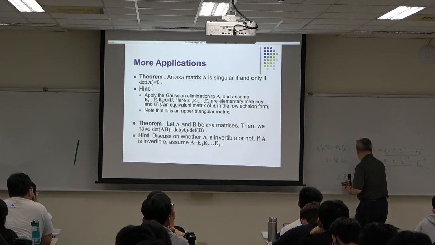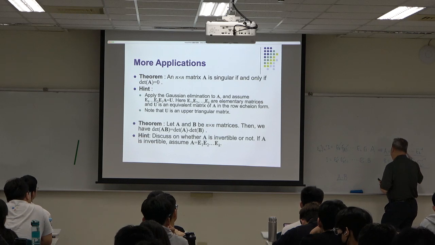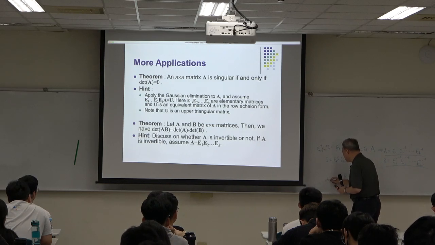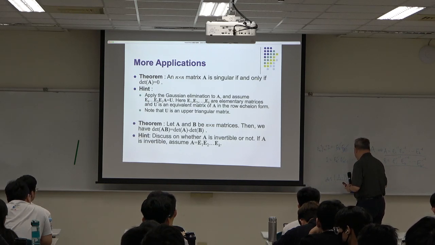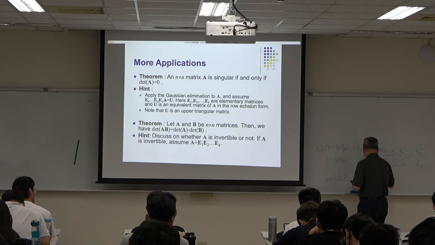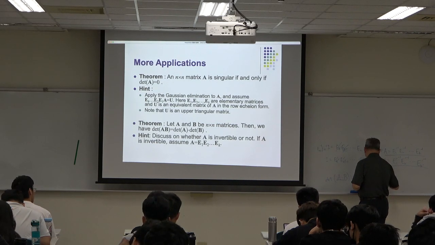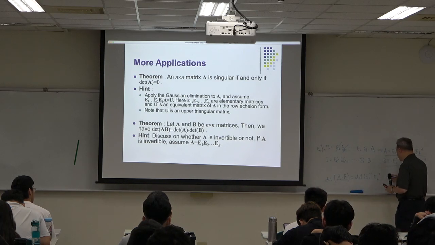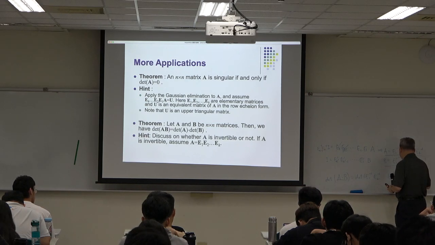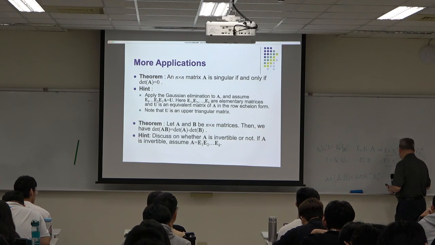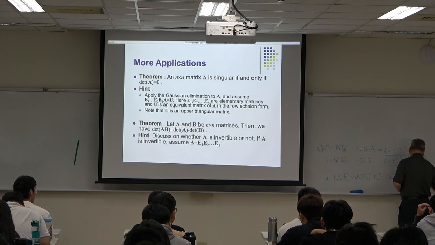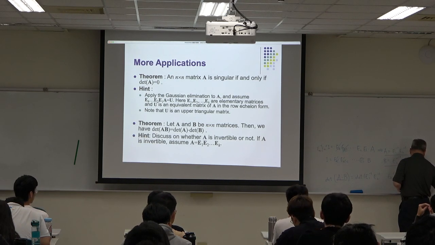So A times B is actually a product of many elementary row operation matrices. So the determinant of A times B equals the determinant of E1 negative 1, determinant E2 negative 1, determinant EK negative 1, times E1 prime negative 1, E2 prime negative 1, EK prime negative 1.